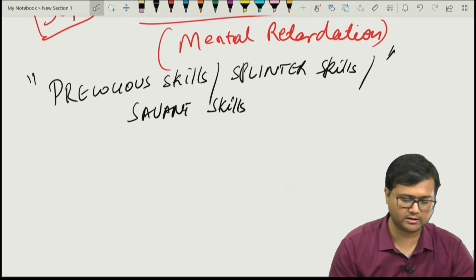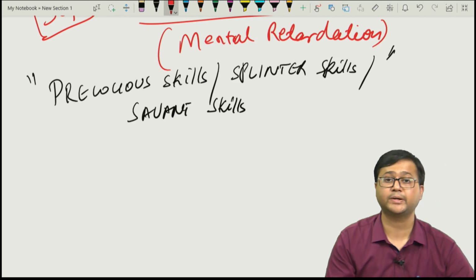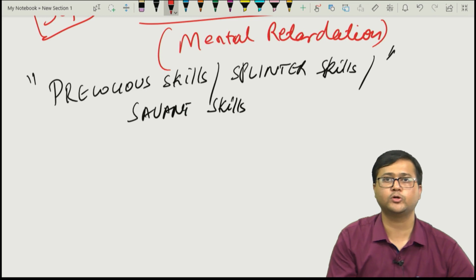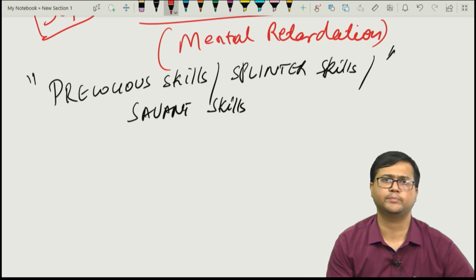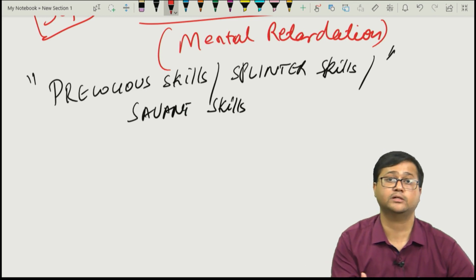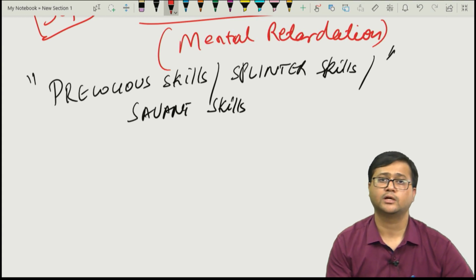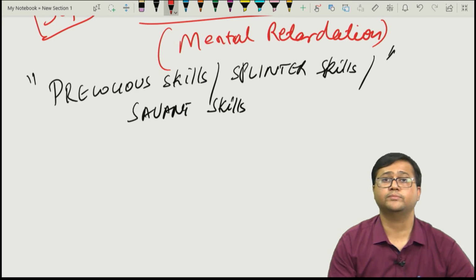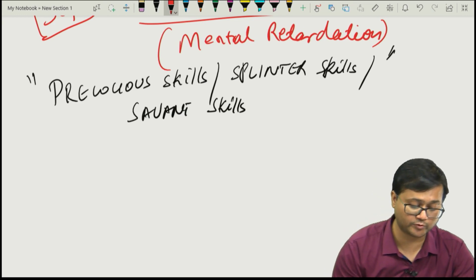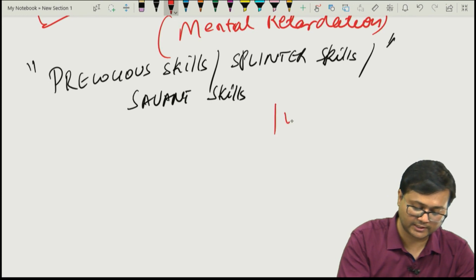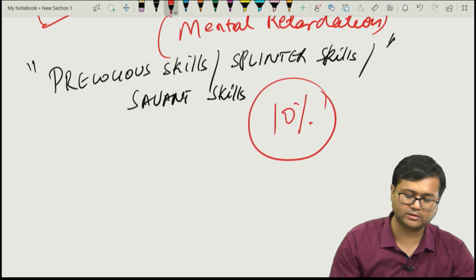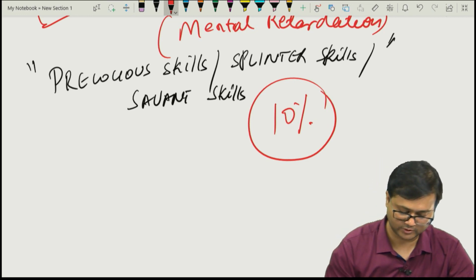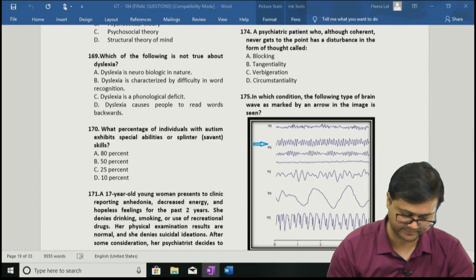Skills like calculating abilities, hyperlexia or reading ability, they may read so well although they may not understand what they are reading. Some of them may have very good music skills. These are generally very high proficiency skills, and generally around 10% of all people with autism may have them. So the correct answer is 10%.